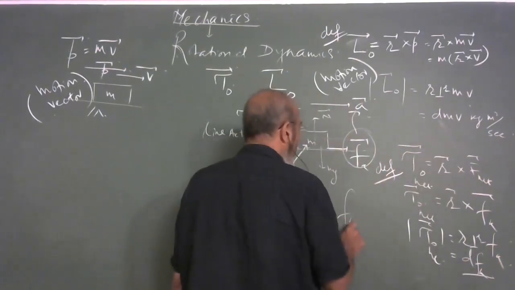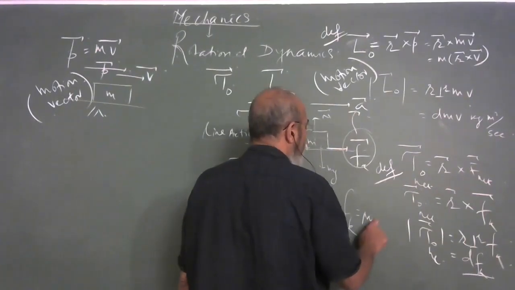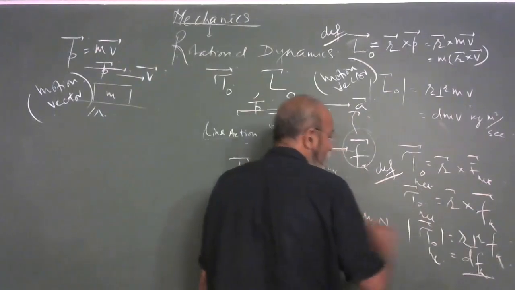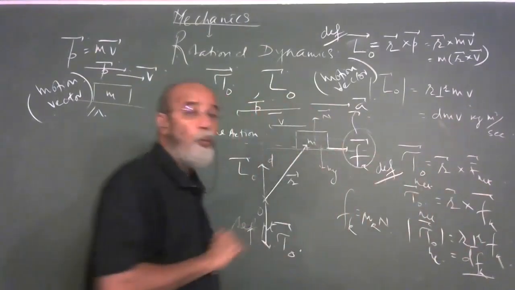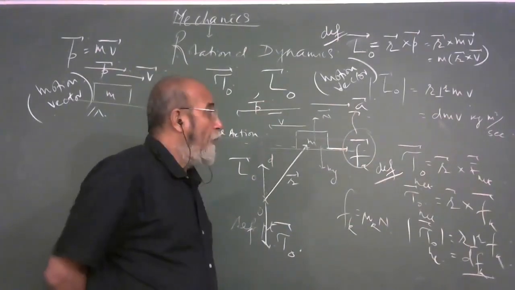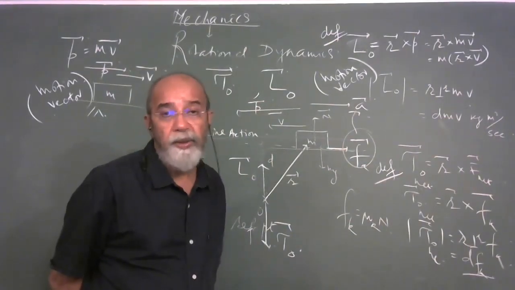And Fk you can write later as mu k into N, put N equal to mg, all that you can do. No problems.